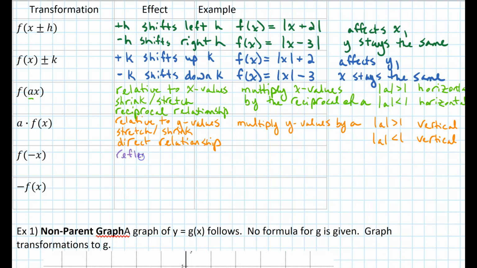So this is reflection over y. Okay, so what's happening is x values are multiplied by -1. Is that the effect? That's the effect, yes.